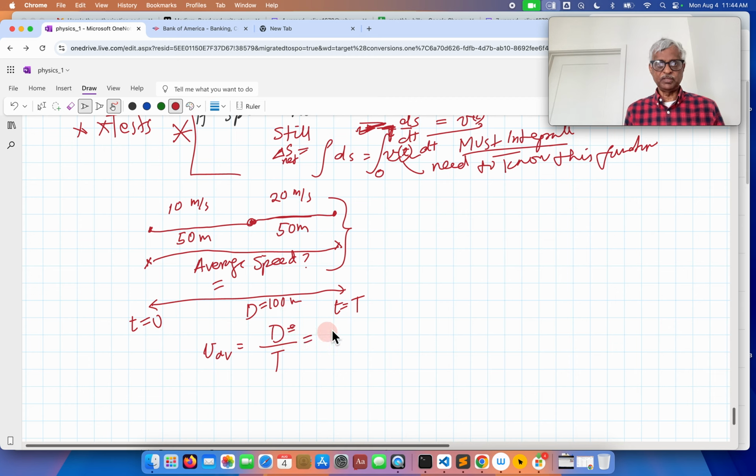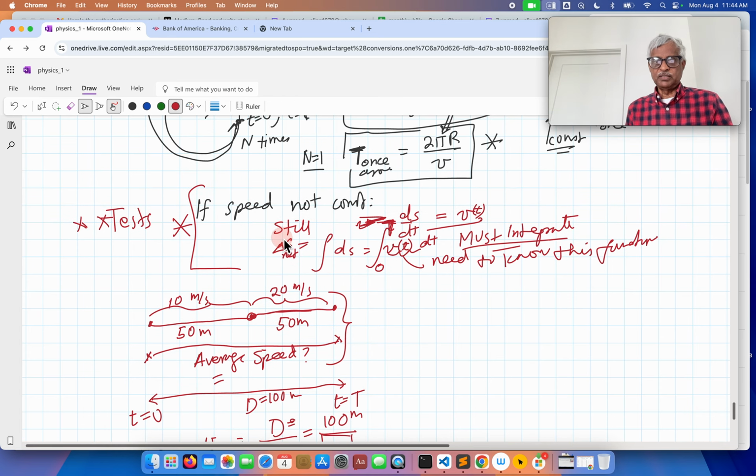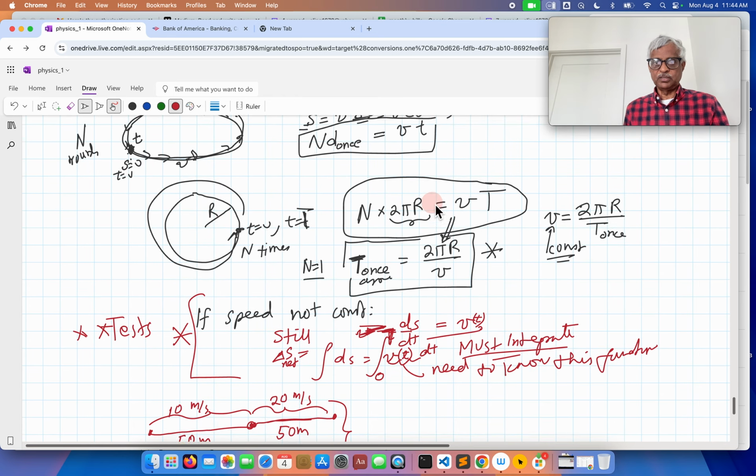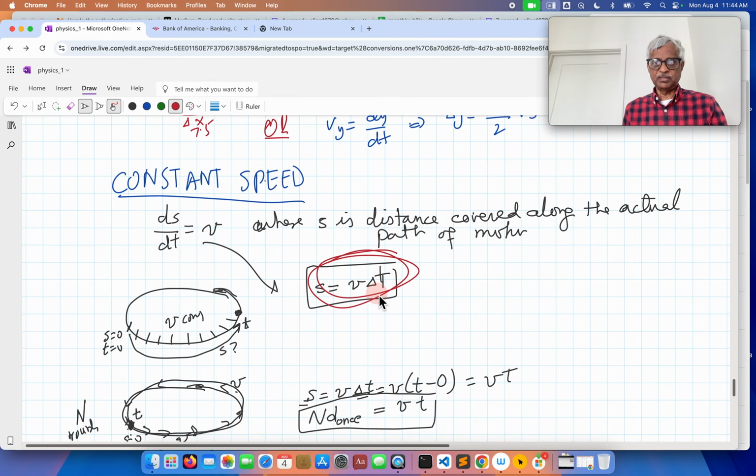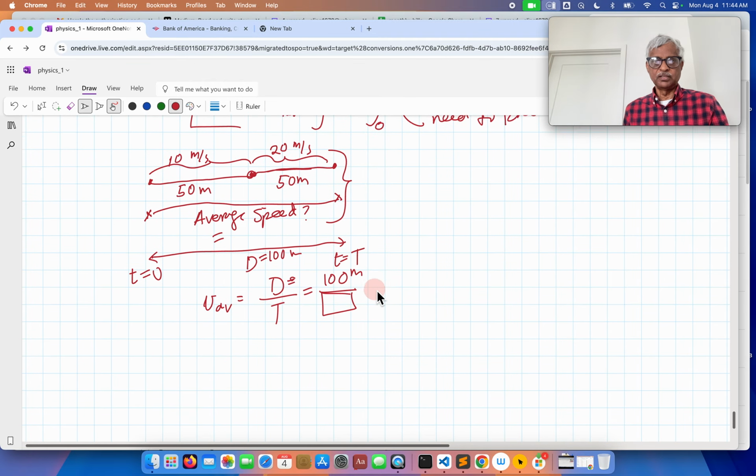So you already know 100 over here, but you don't know this. So you have to figure out how much total. You got to figure out time for this guy and time for this guy, and then add them up. So time for this guy, because it's constant, you can just use s equals vt.